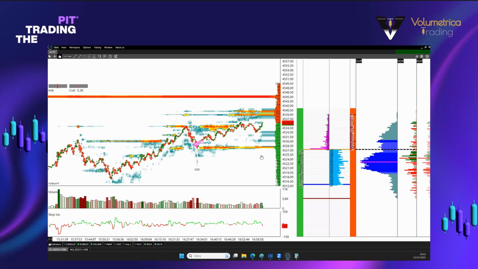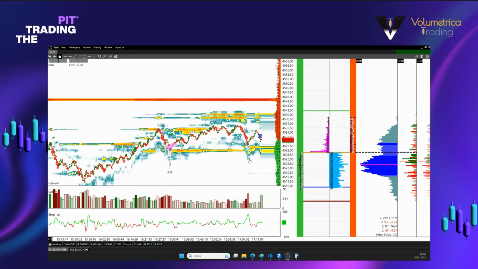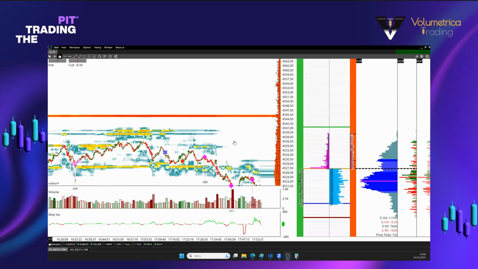Liquidity as a first indication will just say we are interested to go to the upside or to the downside. This is what we said last time. Now, how can we use this information in our trading?